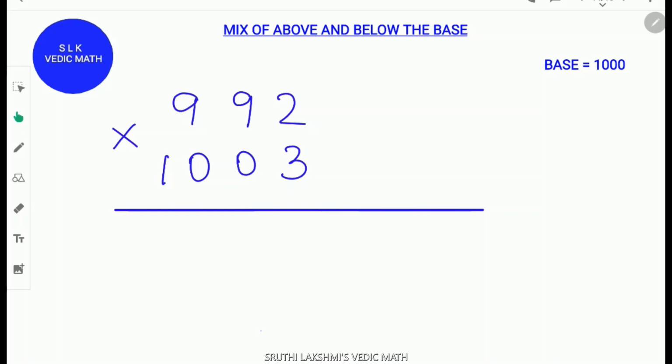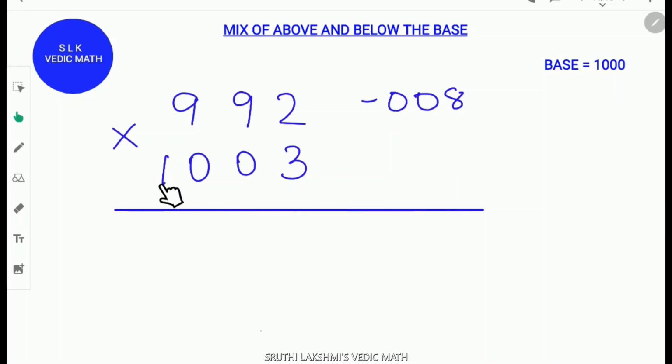Find the difference between 992 and the base 1000, which is 8. We write 8 as minus 008. We put a minus sign in front of 8 to show that 992 is less than the base 1000. We put 2 zeros in front of 8 because the base 1000 has 3 zeros, so there are supposed to be 3 digits in the right-hand side.